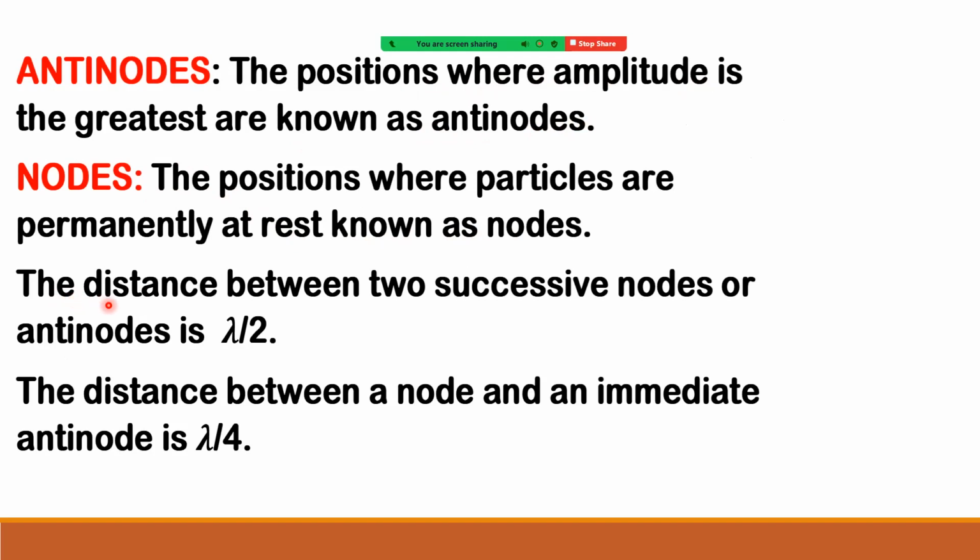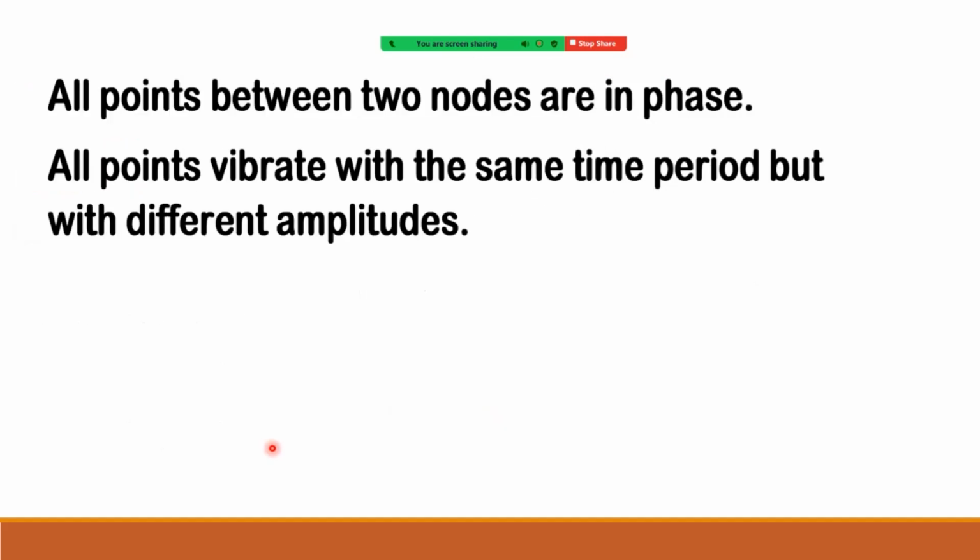Next, the distance between two successive nodes or antinodes is lambda by 2. The distance between a node and an immediate antinode is lambda by 4, right? That is the next points what we are discussing here.